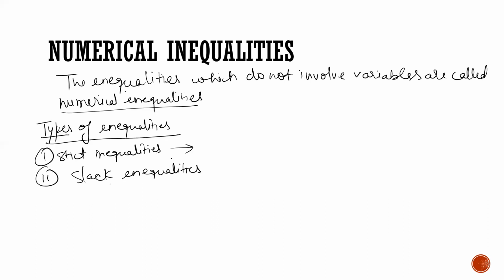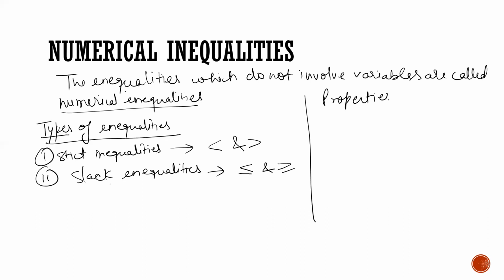When we are talking about strict inequalities, it's about less than and greater than. But when it is about slack inequalities, it includes less than equal to and greater than equal to sign. Let's talk about some properties of inequalities. So what are the properties of numerical inequalities?